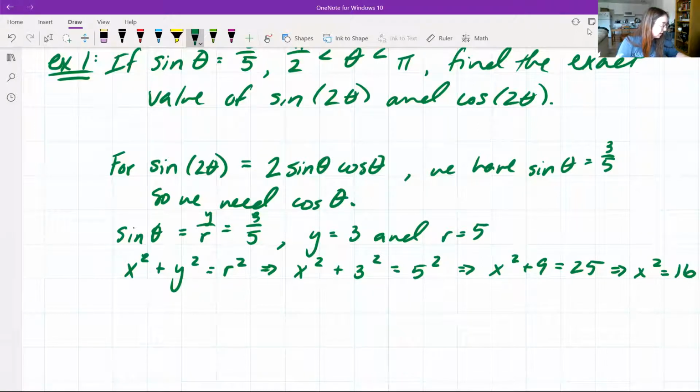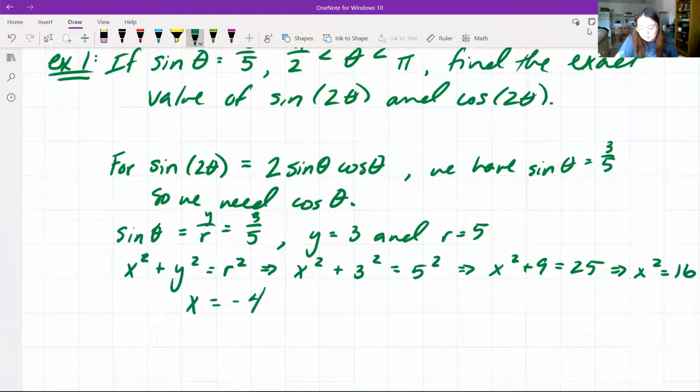Then since we have that x squared is equal to 16, we know that x has to be equal to positive or negative 4. Since we're considering theta between pi over 2 and pi, this means that our values of cosine are going to be negative since our x values are negative. This means that x has to be negative 4.